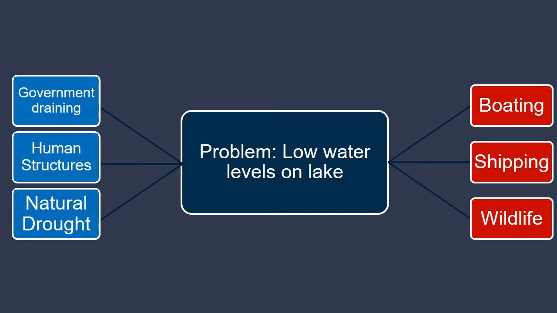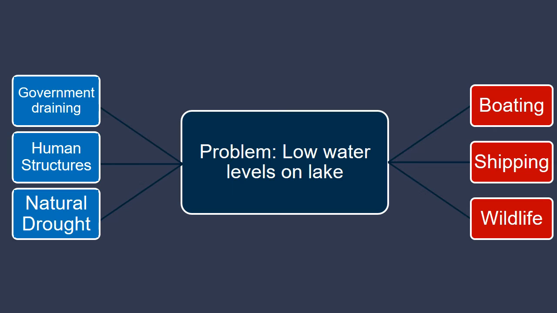But then the majority of the paper focuses on the left side of this diagram, where the author explains that some people think that one of the causes is government draining of the lake into a nearby lake, and evaluates that problem and says whether or not there's enough evidence to suggest that it really did create the low water levels.